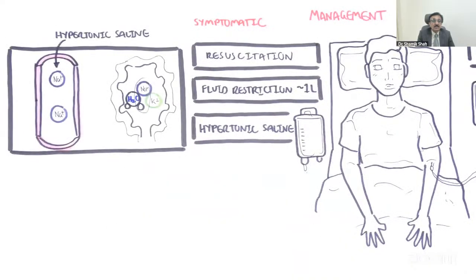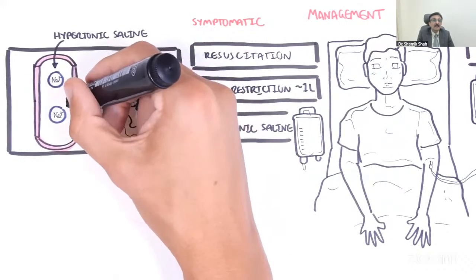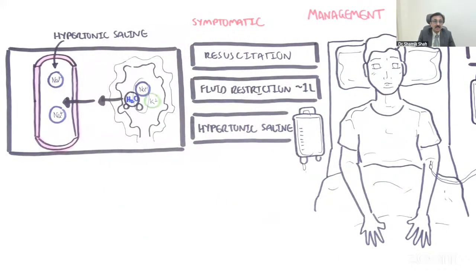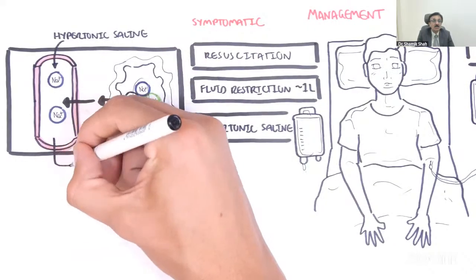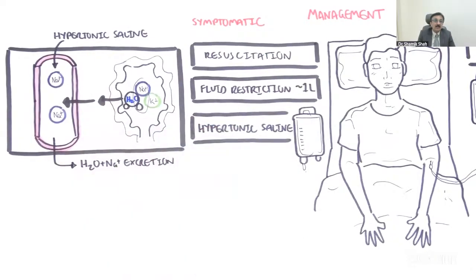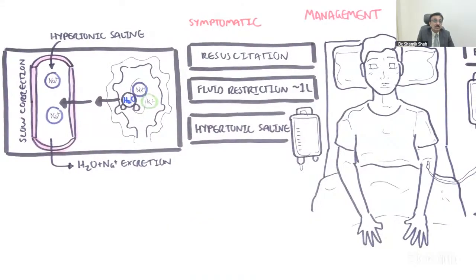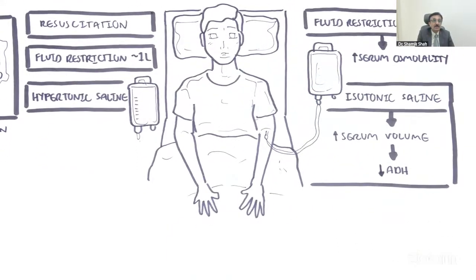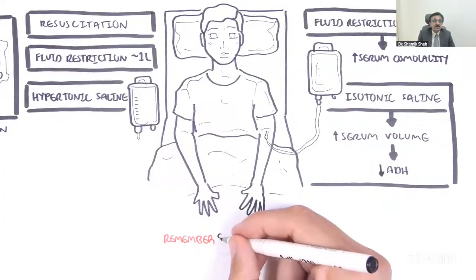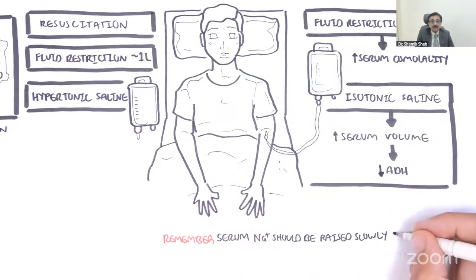When we give hypertonic saline to the patient, there will be an increased amount of sodium in the intravascular space, and this will draw the water from outside the cells into the intravascular space. And if we do this correctly, slowly over a period of time, then this will lead to correction of the hyponatremia. But please remember that serum sodium should be raised really very slowly.